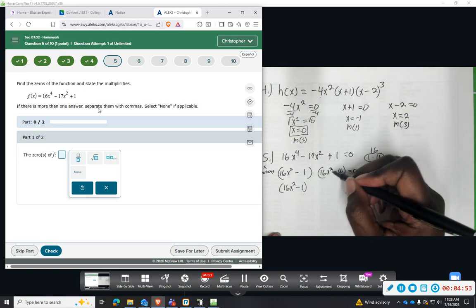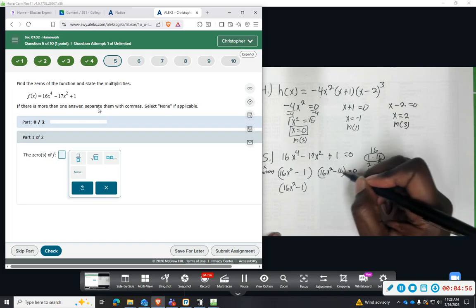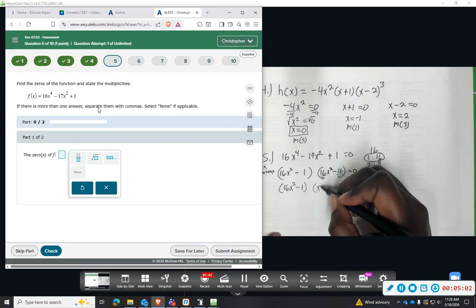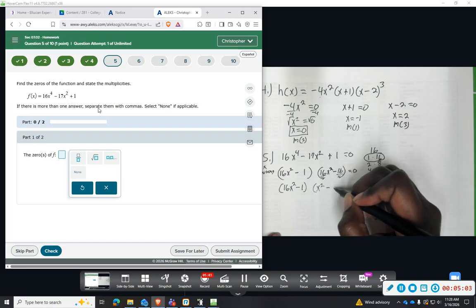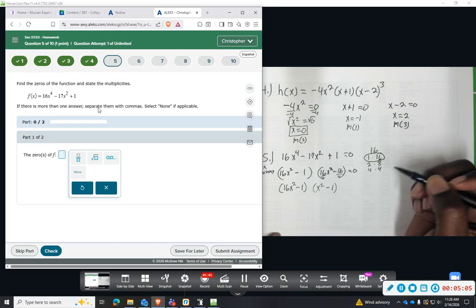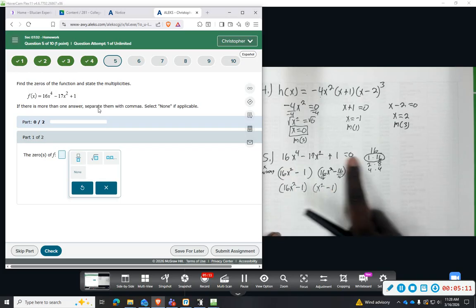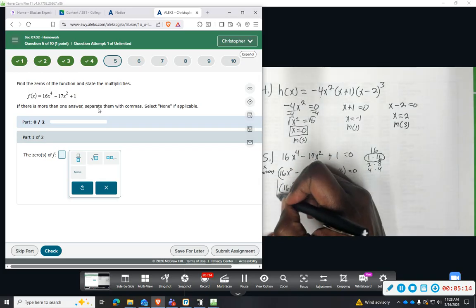And then over here, both terms are divisible by 16, so if you divide by 16, this becomes a 1, so this just gives me x squared, and then minus 1. So at this point we are factored. If you were to FOIL this back together, you would get what you originally started with. So here's our factored form.